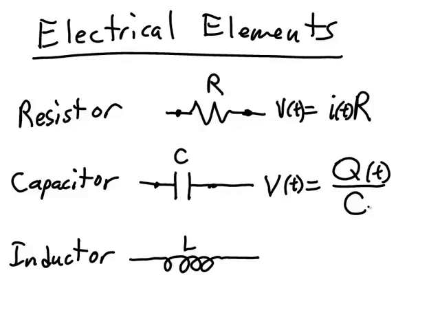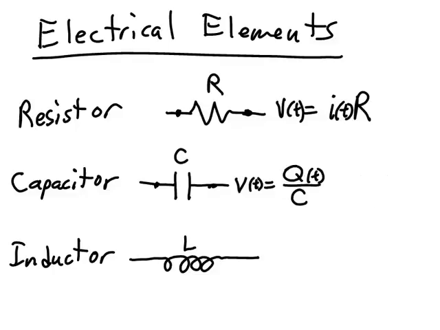Here, the capacitance C is the system parameter that does not change with time. Q, the charge, and V, the voltage, do change with time. With the capacitor, we want to recognize that current is defined as the derivative of charge over time.